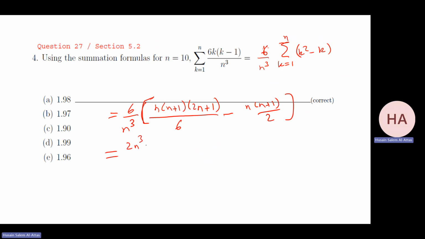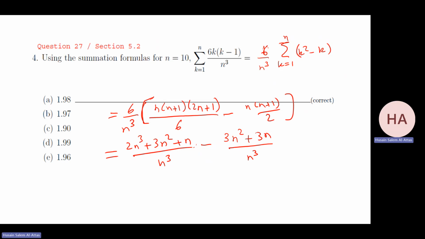It will be 2n cubed plus 3n squared plus n over n cubed, minus n plus 1 over 2. Multiply by 6. So I have minus 3n squared plus 3n over n cubed.